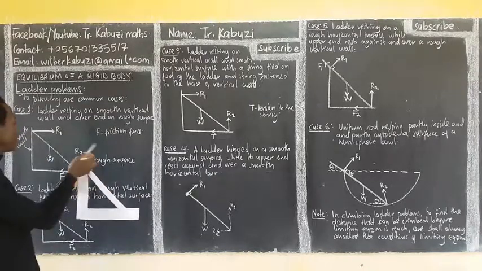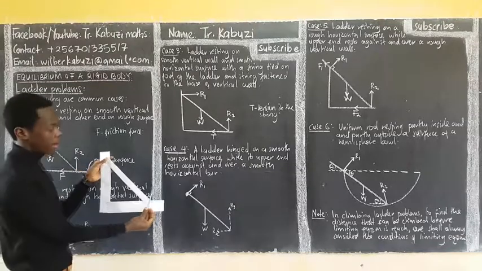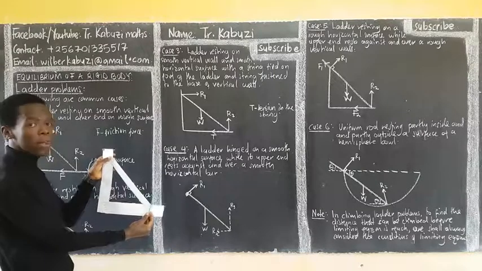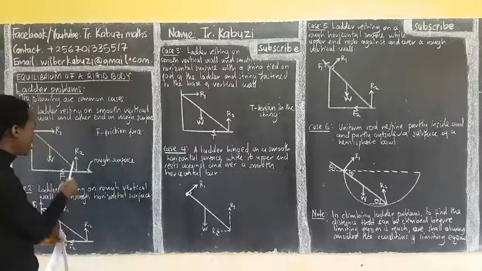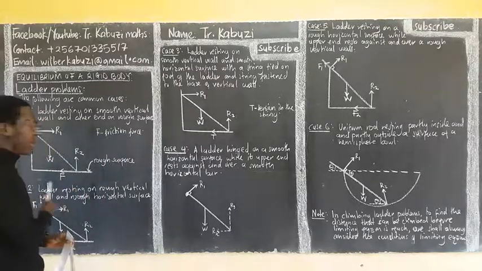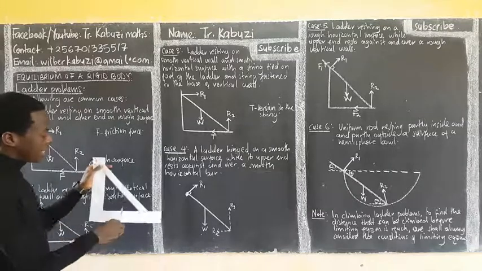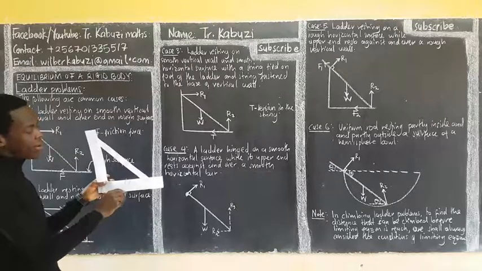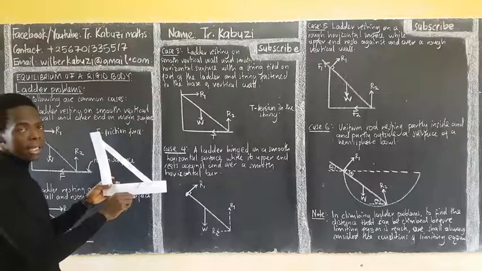But now, we also have a contact on our horizontal. We expect also a reaction, which is perpendicular to that surface where there is contact. Now, the wall is smooth, but the contact here, they are telling us, is a rough surface.